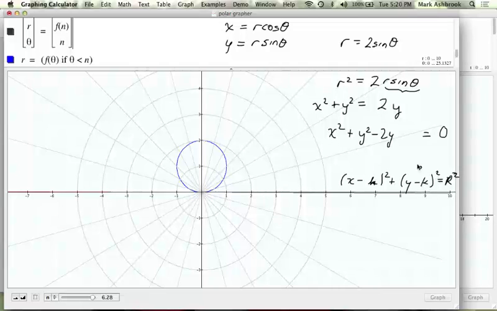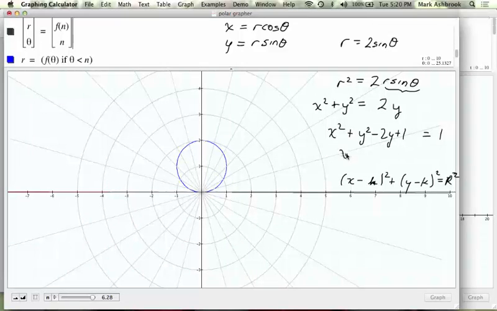So I need to complete the square. What completes the square? Half of this squared, right? So you take half of -2 and you square it. So I'm going to add 1, but if I add 1 here, I got to add 1 here.